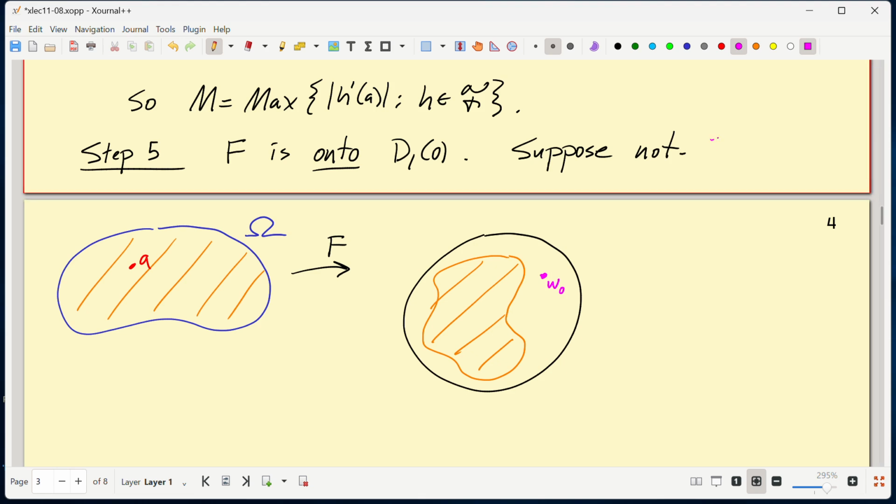So that means if it's not onto, then there exists a W naught in D minus F of omega, like in the picture. And now I'm going to start messing around trying to get a function whose derivative at A is even bigger.